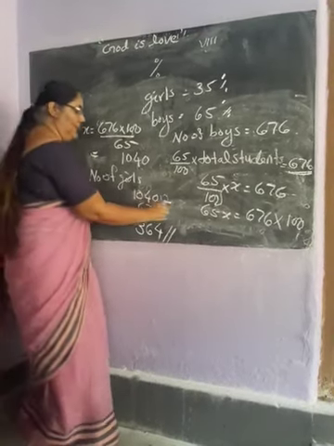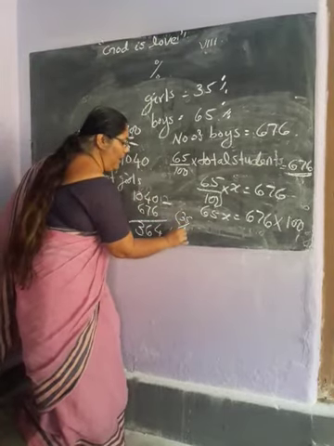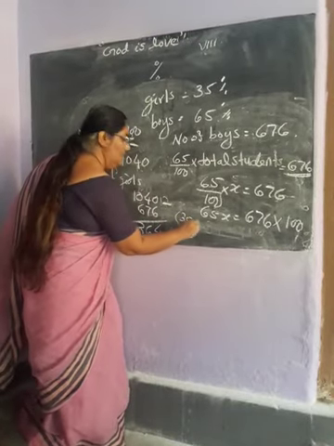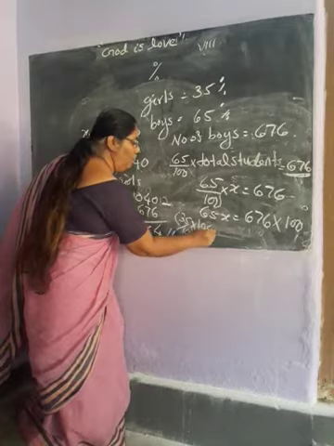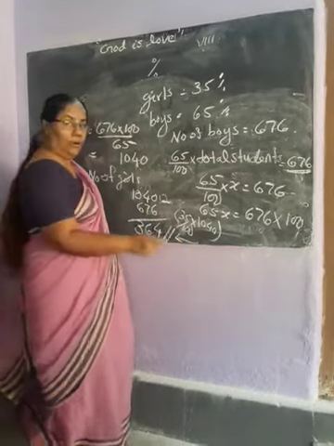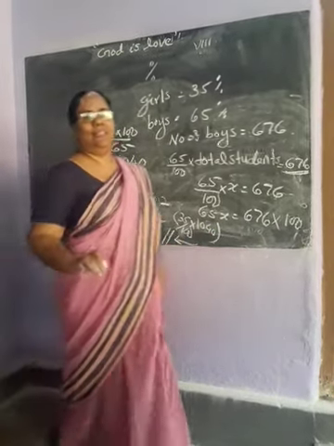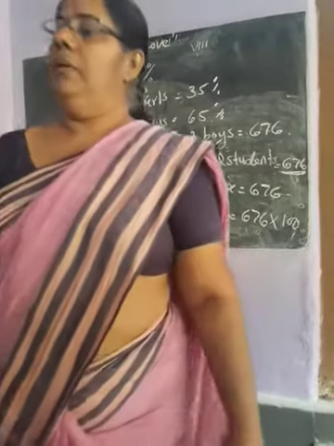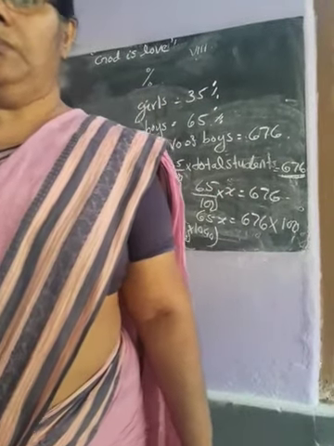Or you can apply this method. 35 by 100 into 1040. Then also you will get the answer 364. Now, okay.